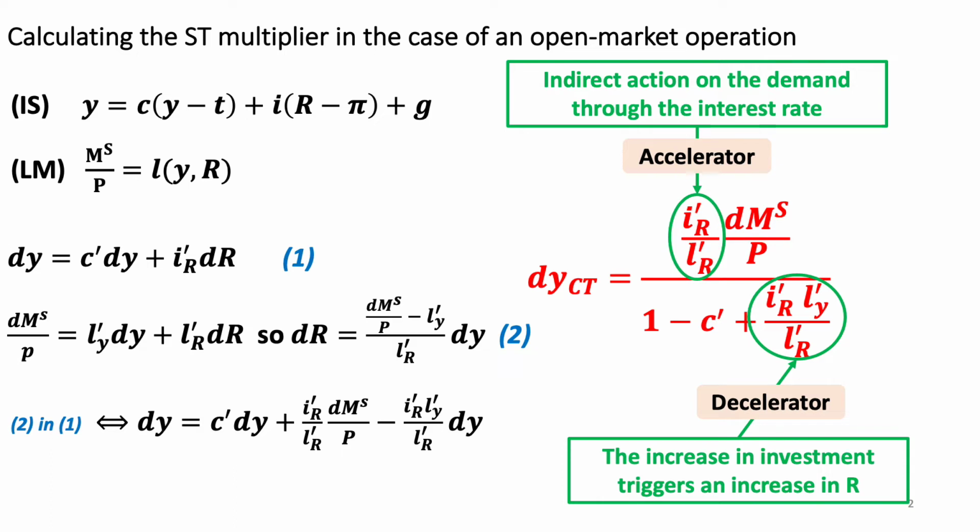As we learned in the podcast on the fiscal multiplier, we can see that the sensitivity of the money demand with respect to the income, L'y, and the marginal propensity to save have a role here too, but as we said, they are usually stable parameters in the economy. So the parameters that are of more interest to us here are the sensitivity of the investment to the interest rate and the sensitivity of the money demand to the interest rate.